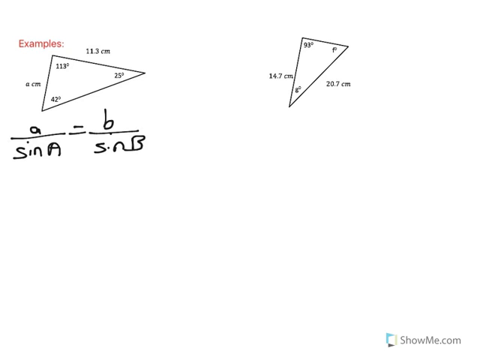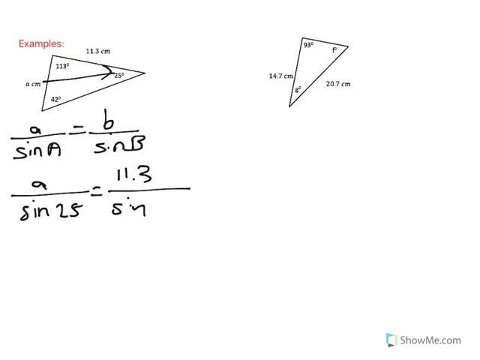Wonderful. Substituting our values, a on sine of its opposite angle, 25, equals 11.3 on sine of its opposite angle, 42.